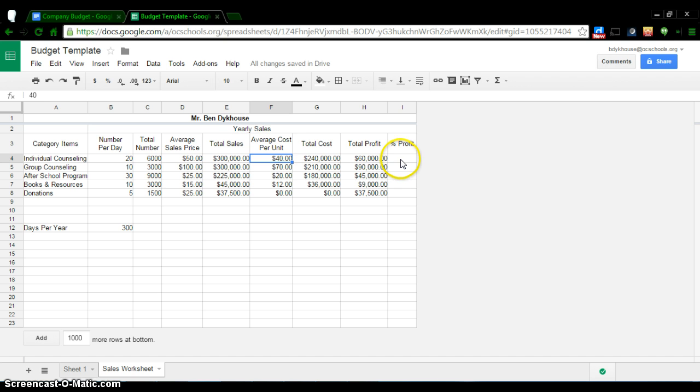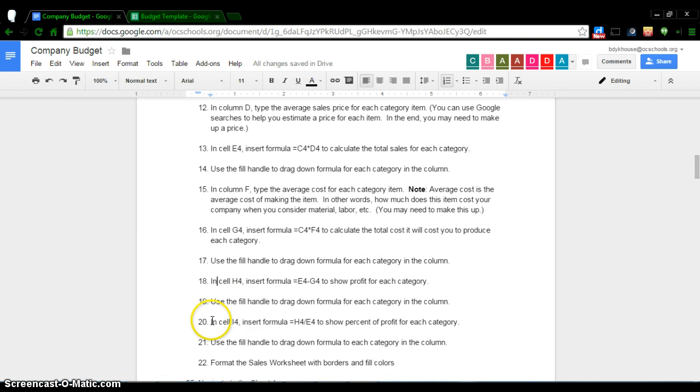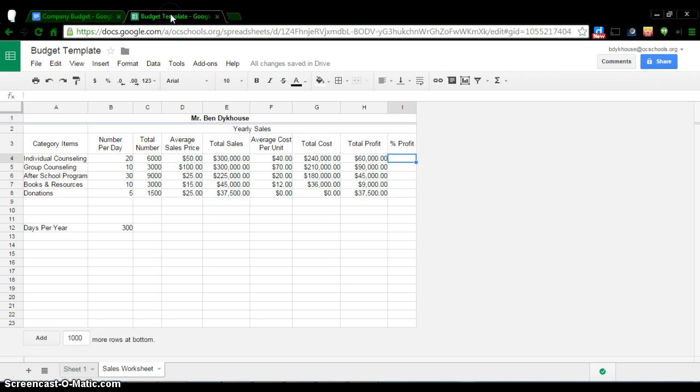All right, lastly, in terms of formulas and numbers, before you make your spreadsheet look pretty, we get to number 20. In cell I4, we're going to type in this formula, H4 divided by E4, because we're going to show the percent of profit. So what is the most profitable per unit?